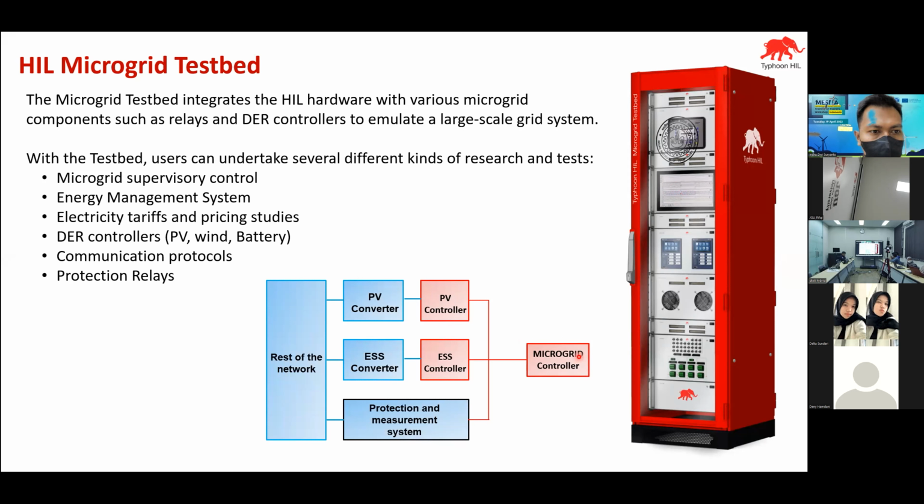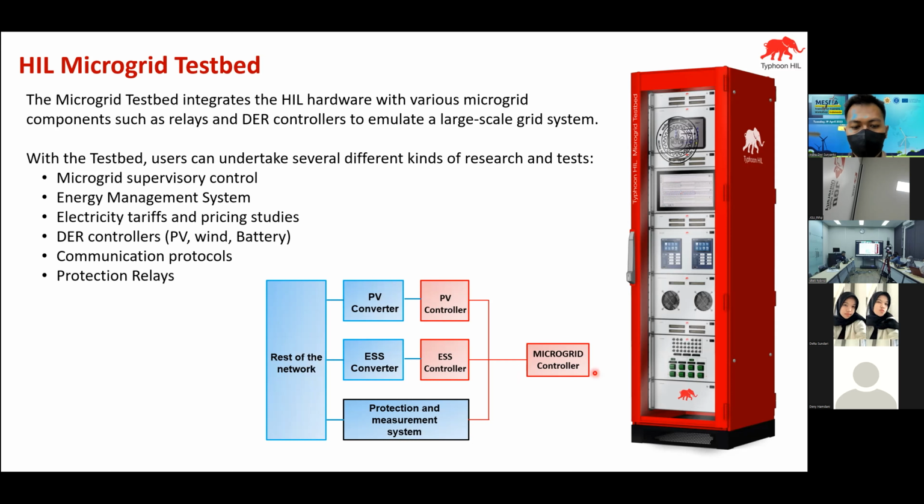Typhoon HIL is able to test from the top all the way down to the bottom, at different layers of the stage. So I would imagine in your research, if you are researching grid-tie inverters and you are just focusing on this portion, you can use Typhoon HIL to do that, to work on your MPPT algorithm.